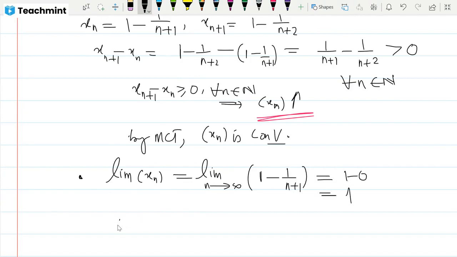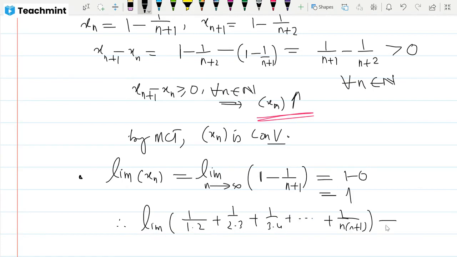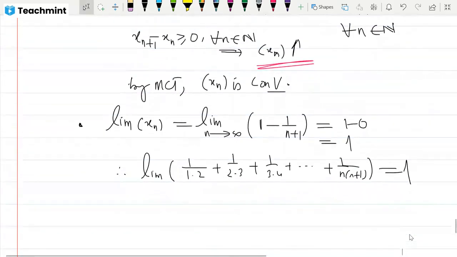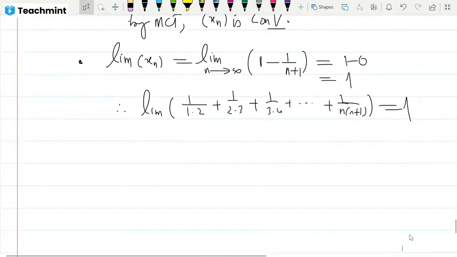So therefore the limit of this sequence, 1 by 1 into 2 plus 1 by 2 into 3 plus 1 by 3 into 4 plus so on plus 1 by n into n plus 1, is 1. It means the limit of this sequence is 1, sir.